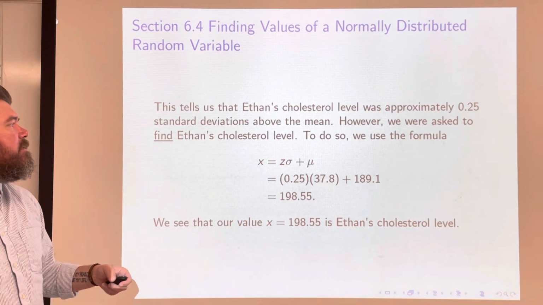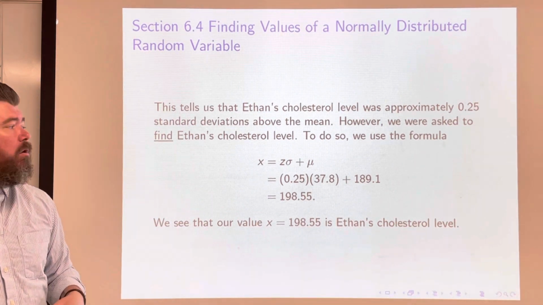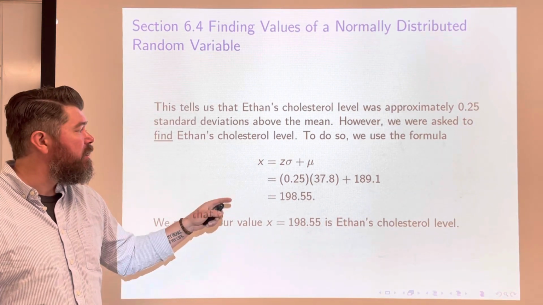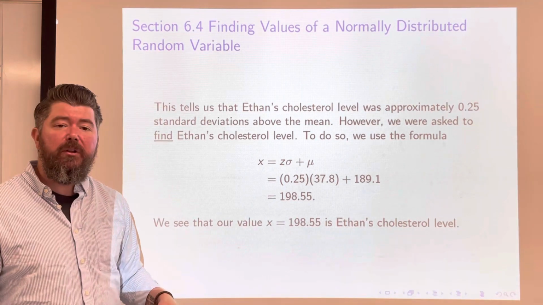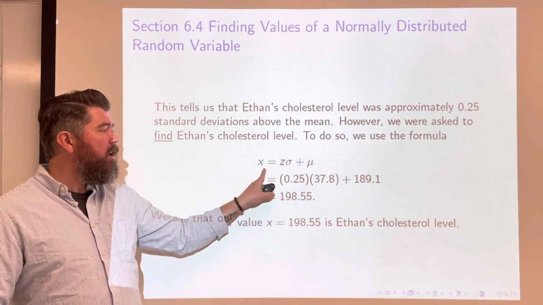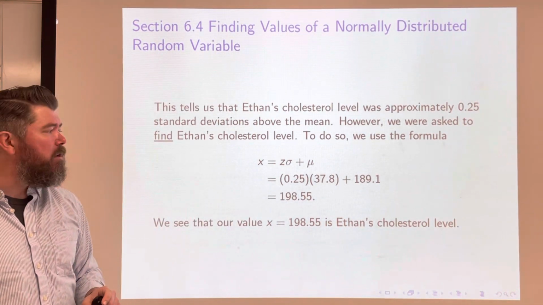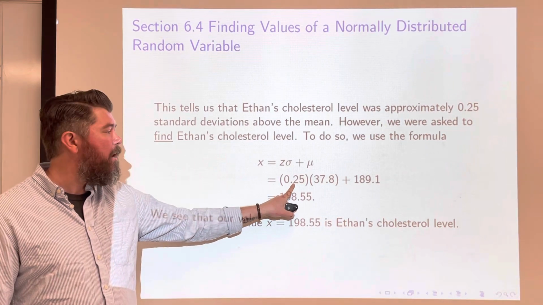However, we were asked to find Ethan's cholesterol level. To do so, we will use our formula we acknowledged in the previous section. Remember that if we resolve our standard score formula for x, we get the following formula. x equals z times sigma plus mu. Now, I have my z. We just said it's 0.25.